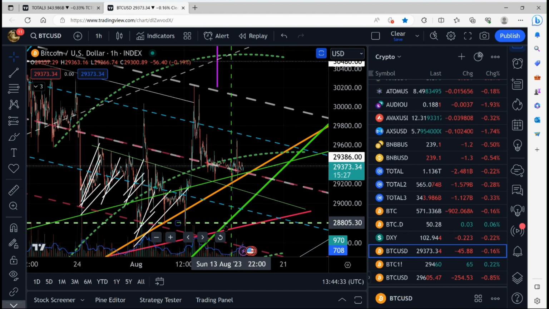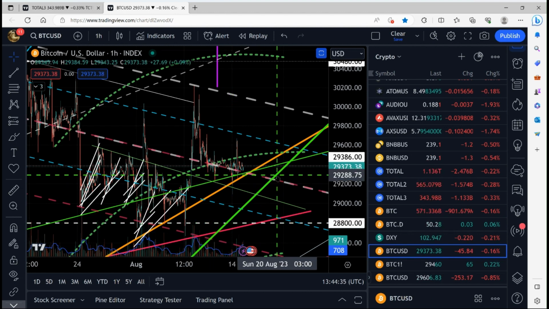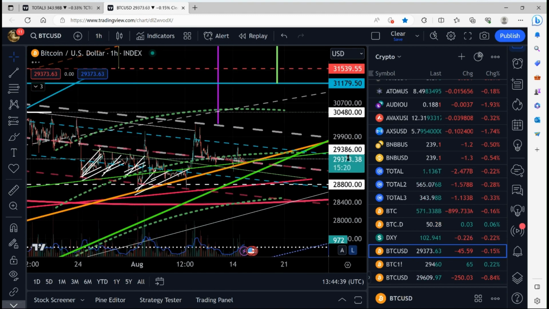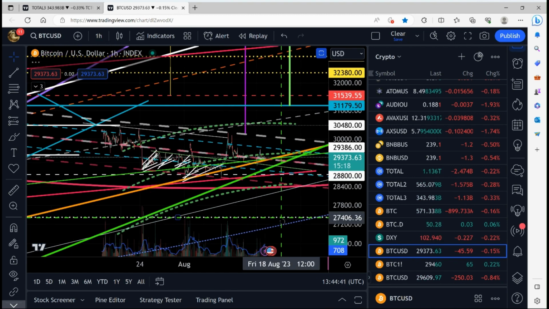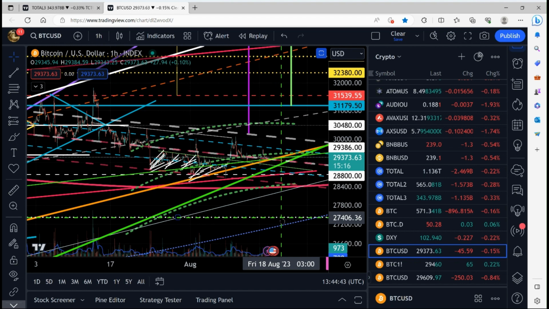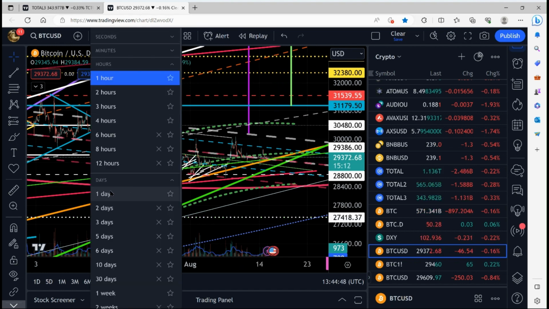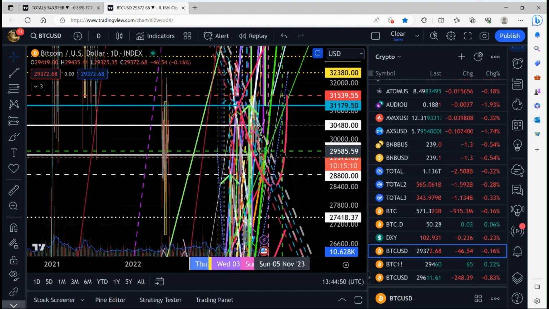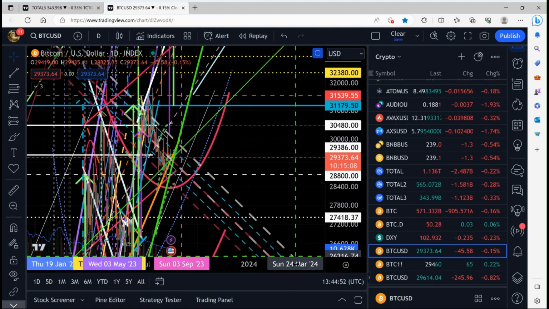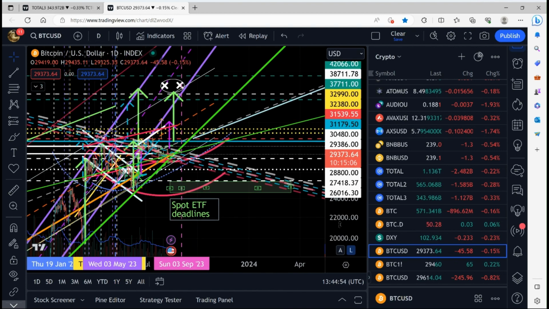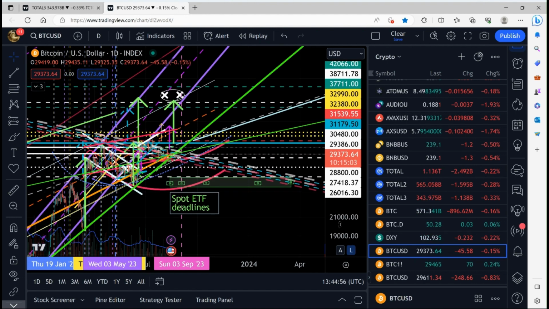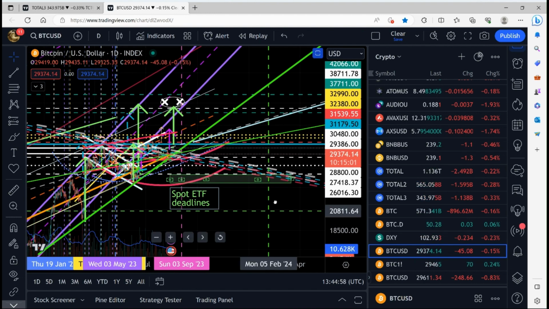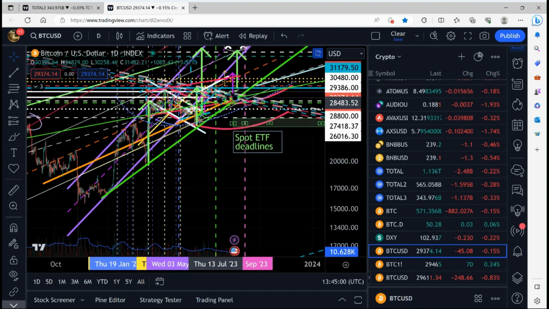So the very bright green, fluorescent green line is our trend line that goes back to the bottom of this bull market that we've started. Oh, I'm on the daily now. I just want to show you that that's what that green line is.